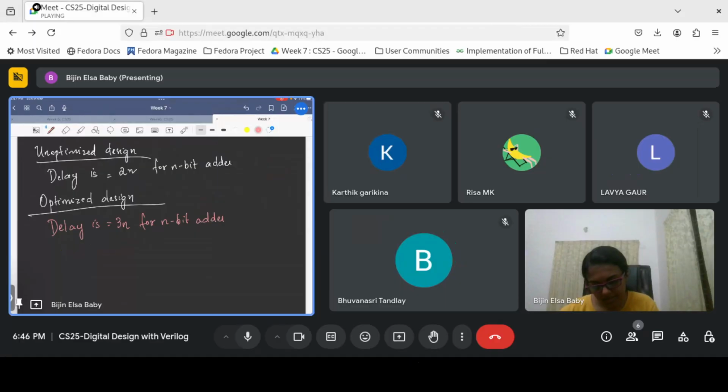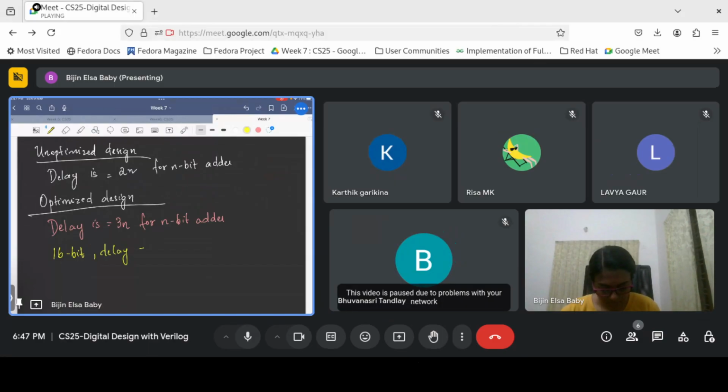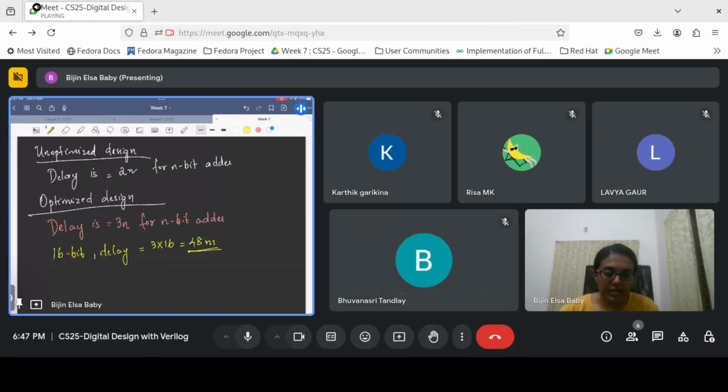So if it is a 16-bit adder, then the delay will be 3 into 16, that is 48 nanoseconds. So this is the critical path delay. You need to consider that the clock period is greater than this, for example, 50 nanoseconds for the clock period.